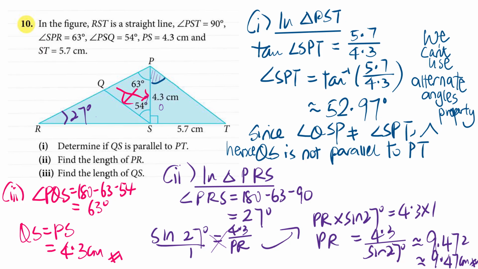Angle PQS is 63, which shows that triangle QPS is an isosceles triangle. So QS equals PS equals 4.3, since triangle PQS is an isosceles triangle.